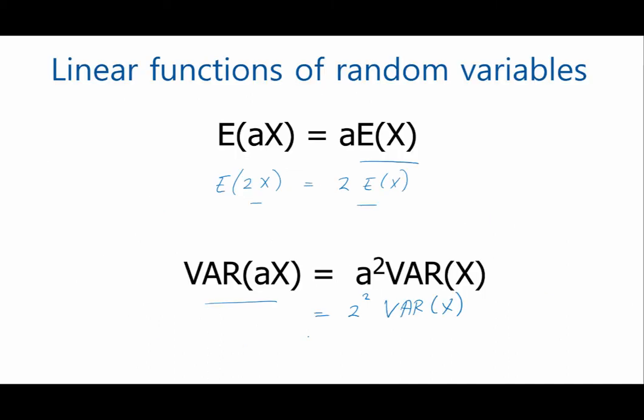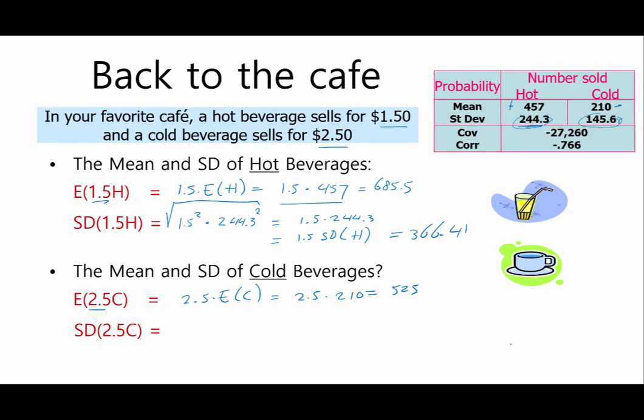Again, on the previous slide, you see that the equation here would be 2.5 squared times the variance, right, for our example in cold, but luckily that simplifies to 2.5 times the standard deviation of cold in units.